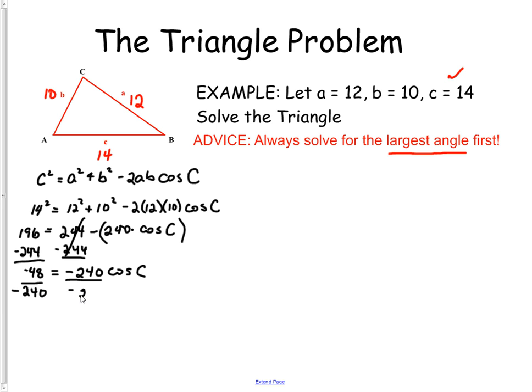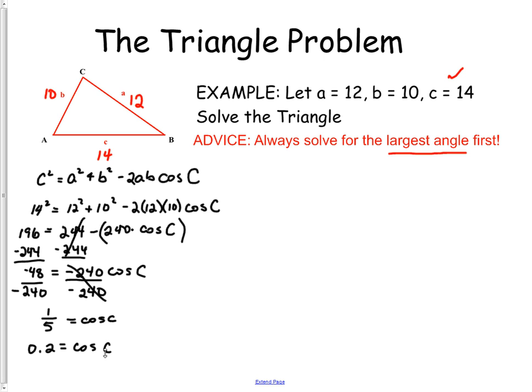Of course, the right becomes positive 1, so cosine of C will equal, this reduces to 1/5. And 1/5, that's 0.2, is equal to cosine of C.